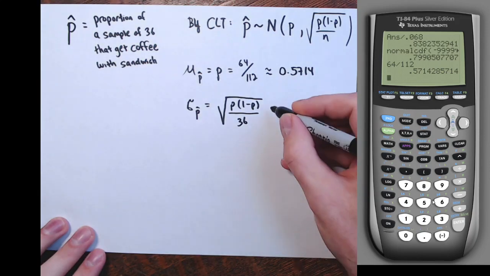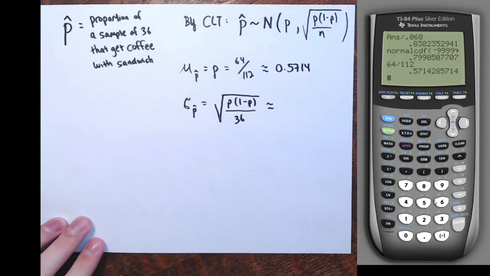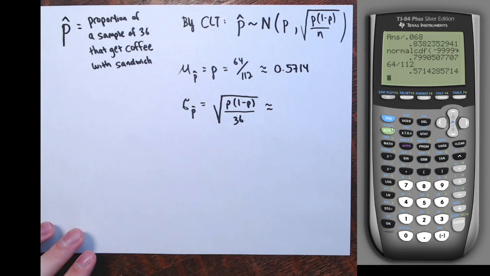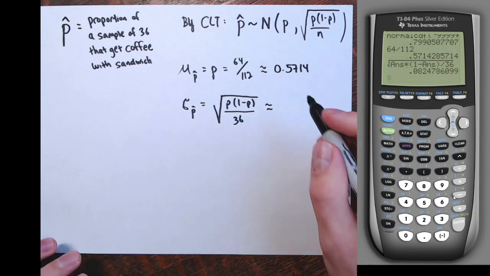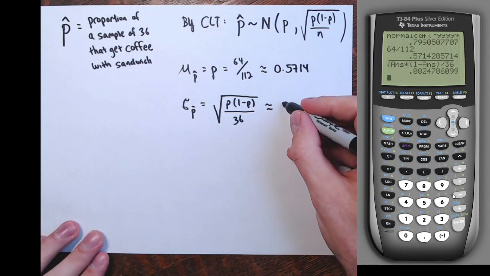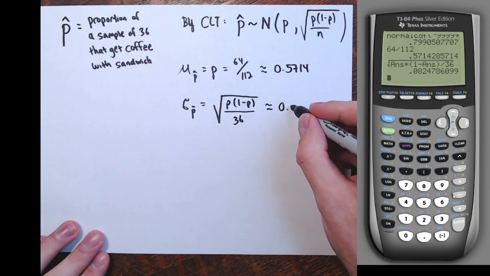All right. So let me enter this. On the calculator here, again, I'll just do the square root of the previous answer, right? The previous answer was the population proportion, times, and then in parentheses, 1 minus that previous answer, divided by 36, right? All of that underneath the square root. So we're getting a standard deviation of approximately 0.0825.